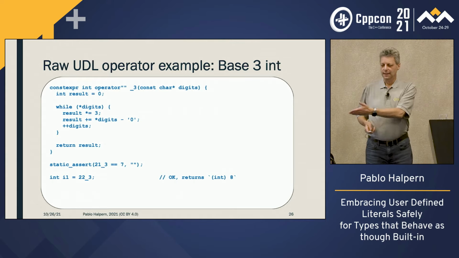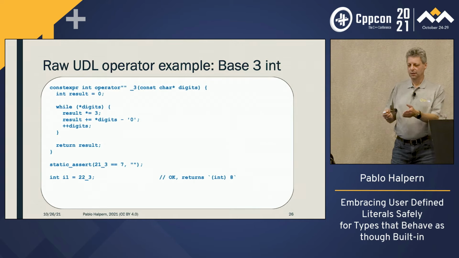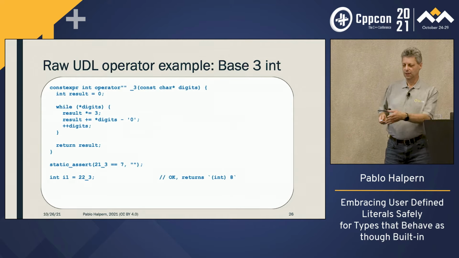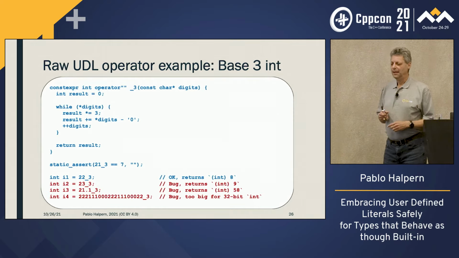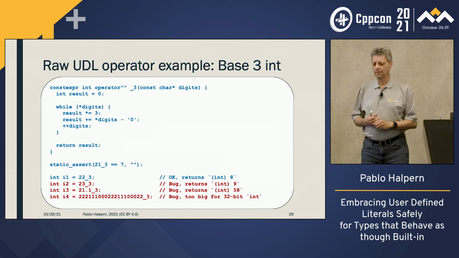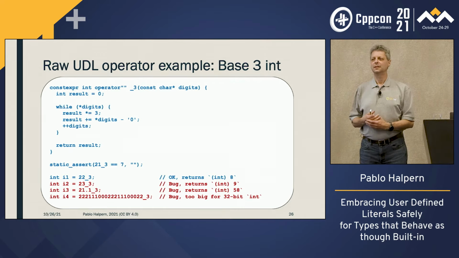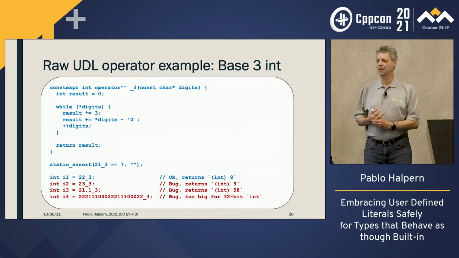All right, and then the second example we have, we're passing 22_3, and it returns an integer 8, which is what 22 is in base 3. But we have bugs in this code. Suppose I pass in 23_3. The problem is 3 is not a base 3 digit, right?